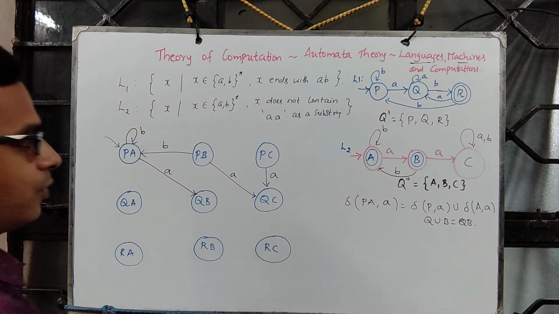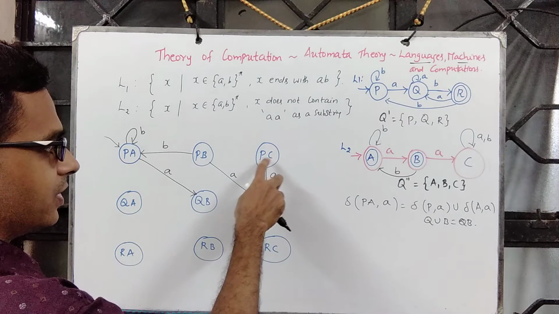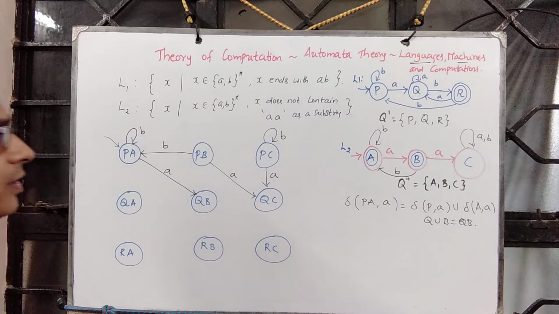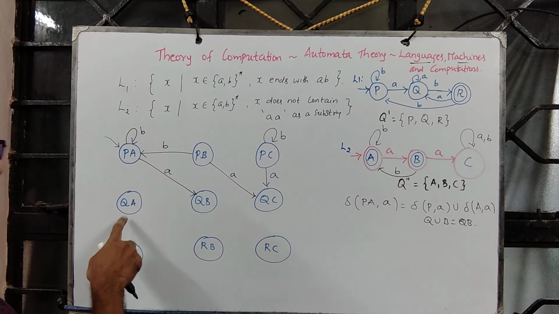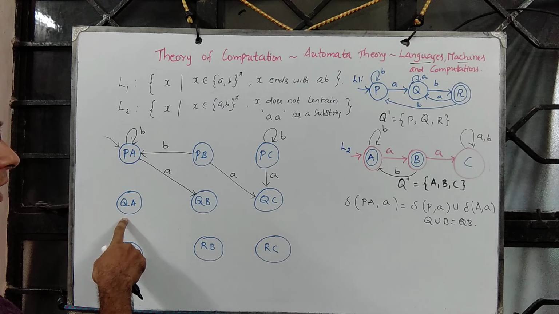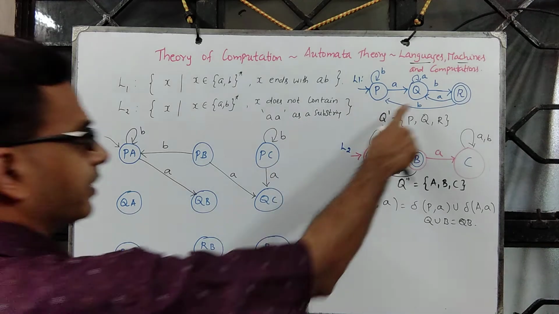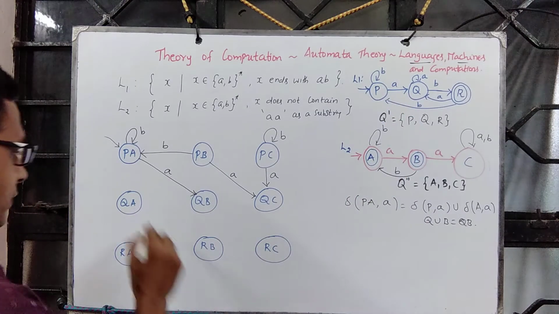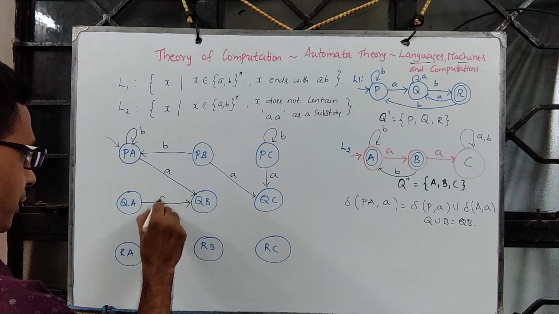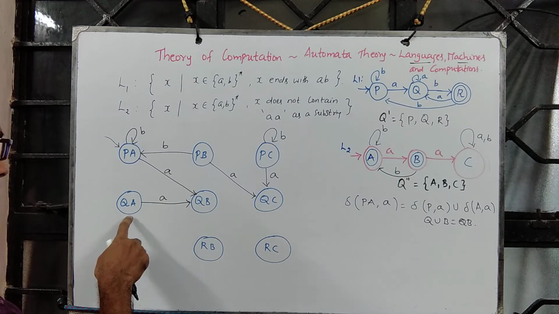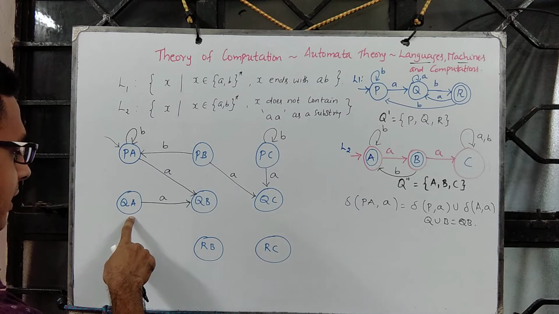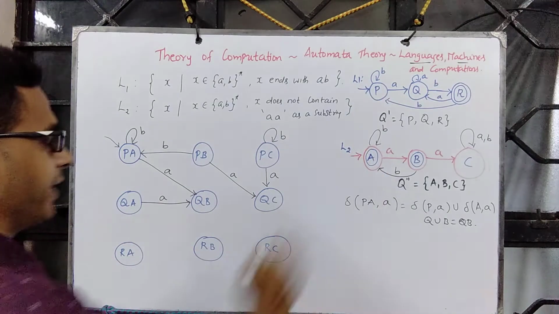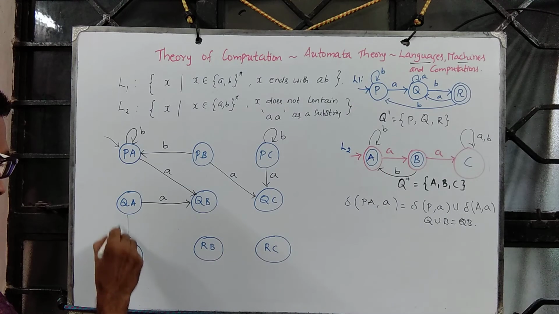Okay. Now P on B is P itself, C on B is C itself, so we stay at PC for B. Now let's come to QA. Now when we read A at Q, it is Q itself, and A on A is B, so which means we go to QB. Q on B is R, and then A on B is A itself, then it is RA.